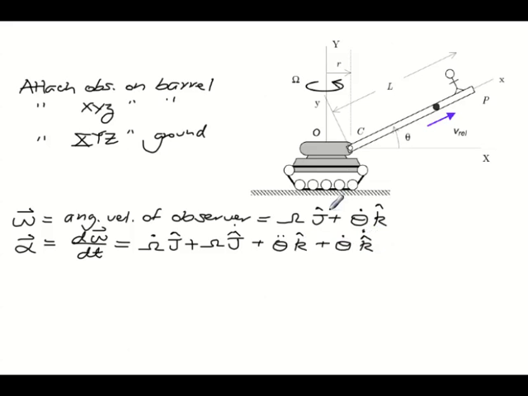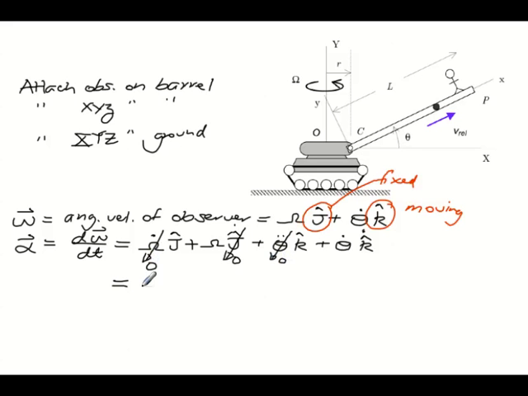Keep in mind that this is a fixed axis. This is a moving axis. So since J is a fixed axis, J dot is 0. It's given that omega is a constant and that theta dot is a constant.